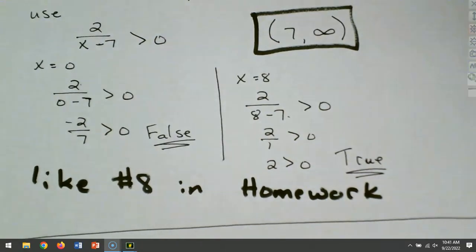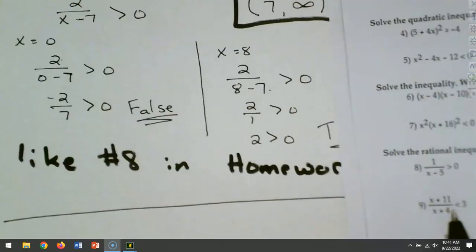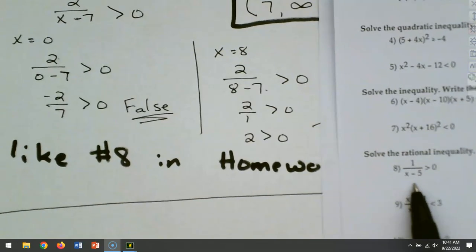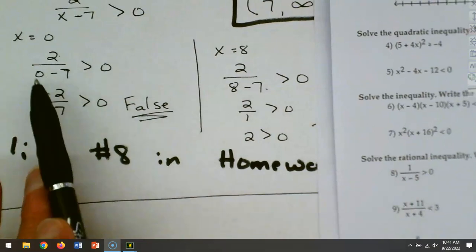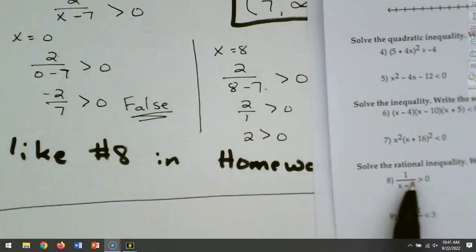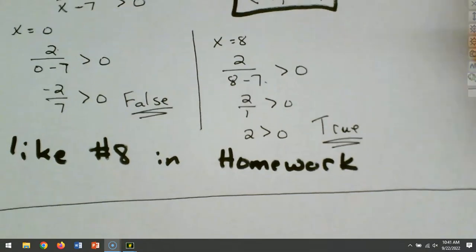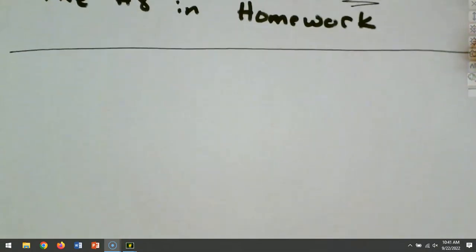Because if you look at it, it's almost the same. Instead of it being an x minus 7, you've got an x minus 5 down below. That's the only difference. You should have time to do the next 2. So let's do 2 more. One will take a little bit of time. The other one we'll get through pretty quickly.